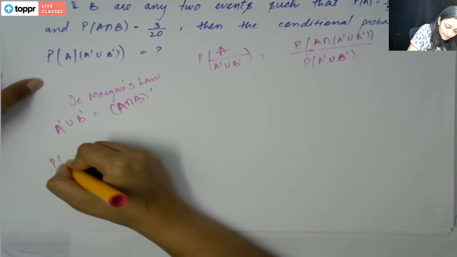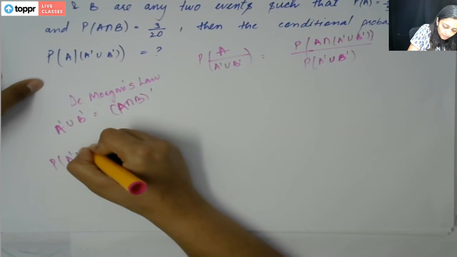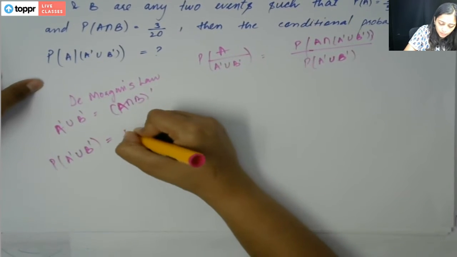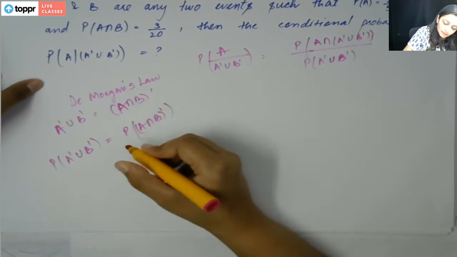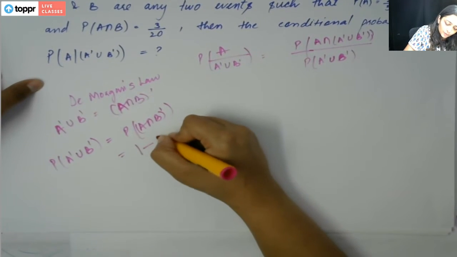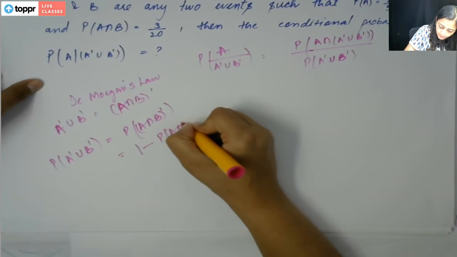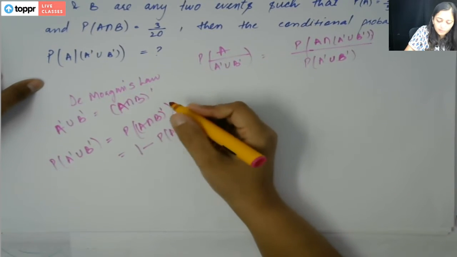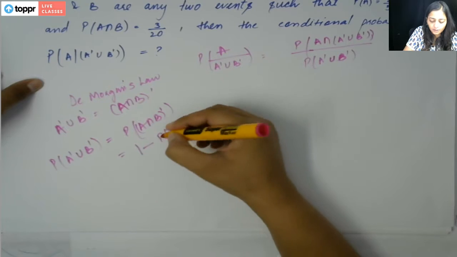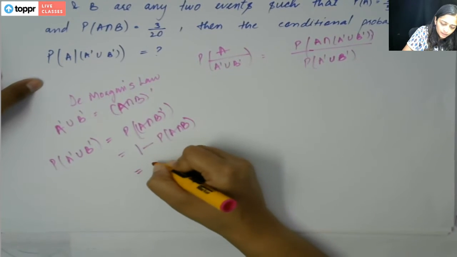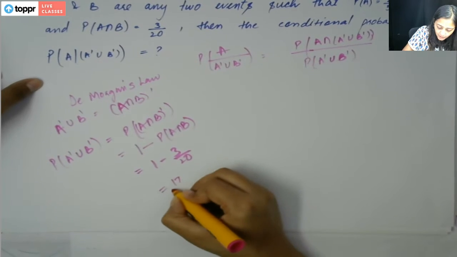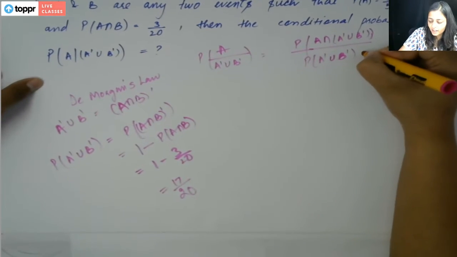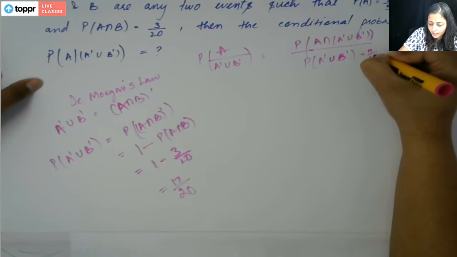Right, so probability of A complement union B complement is equal to probability of A intersection B complement, which is equal to 1 minus probability of A intersection B. Right, because probability of A complement is always equal to 1 minus probability of A. So it is 1 minus 3 by 20, which is equal to 17 by 20. So we get the denominator equal to 17 by 20.